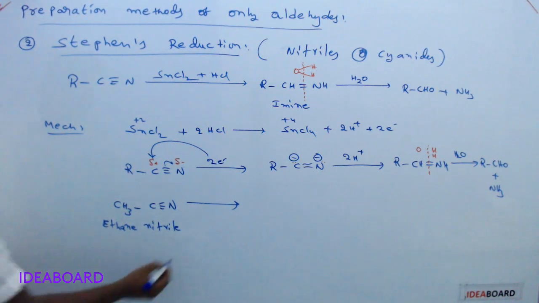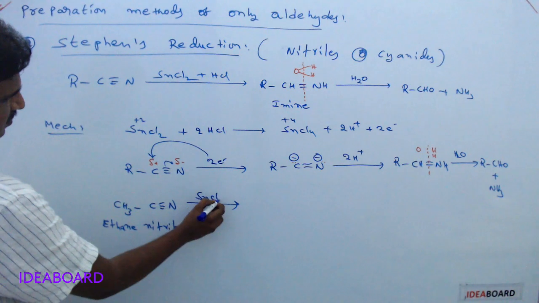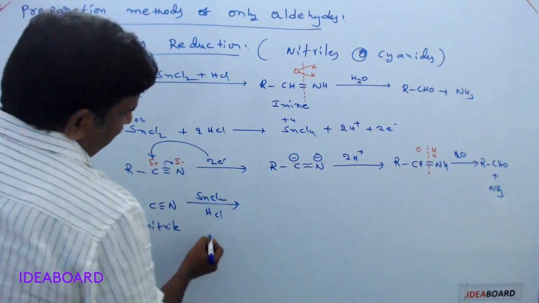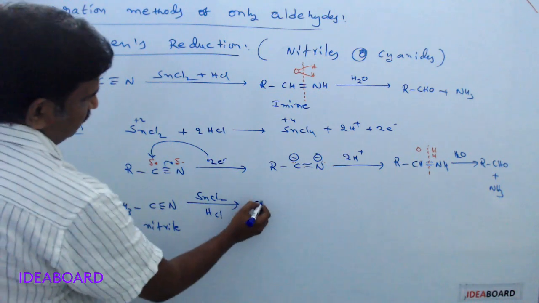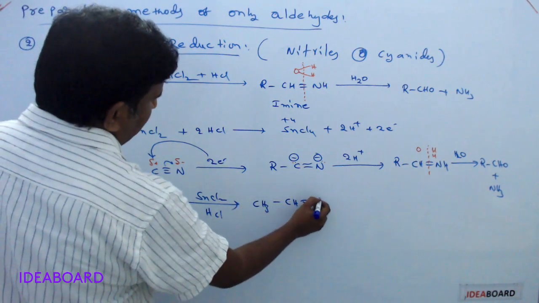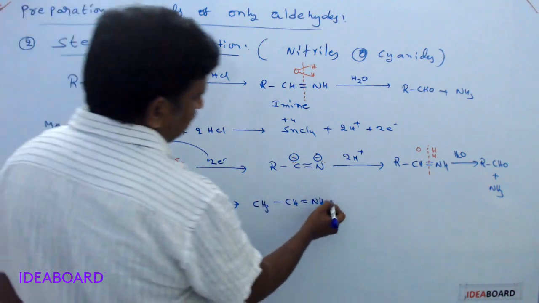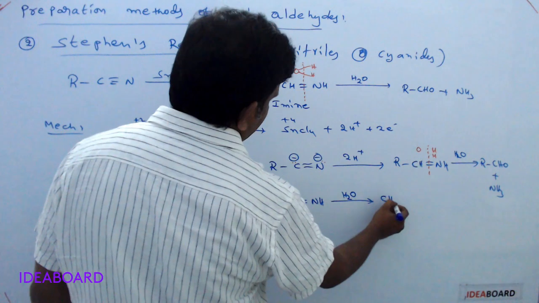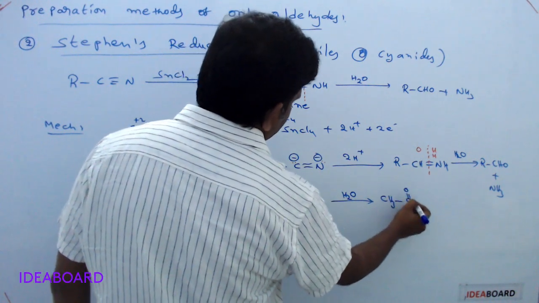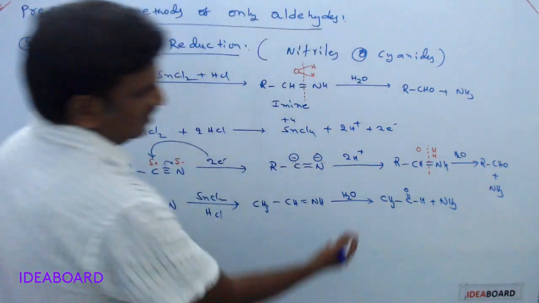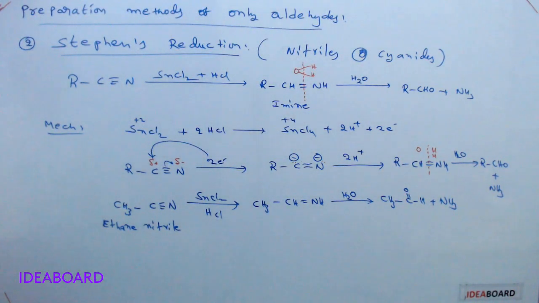This ethane nitrile on reaction with SnCl2 and HCl, followed by hydrolysis, first forms CH3CH=NH, and this undergoes hydrolysis to give CH3CHO plus NH3. Acetaldehyde is formed.